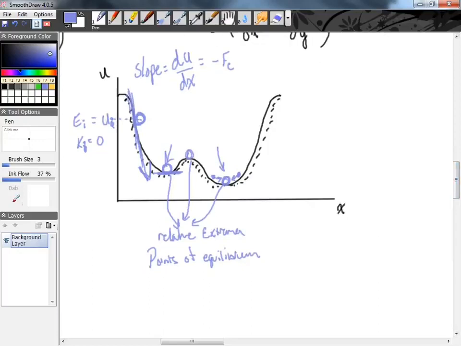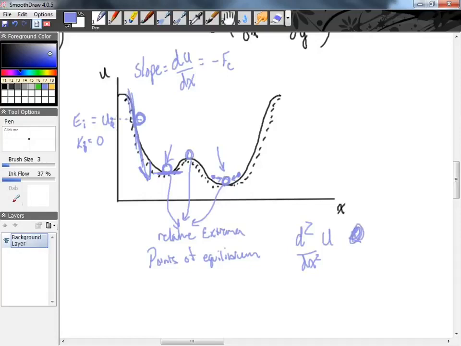If it's concave up, then the second derivative of the potential, d squared u over dx squared, is greater than 0.